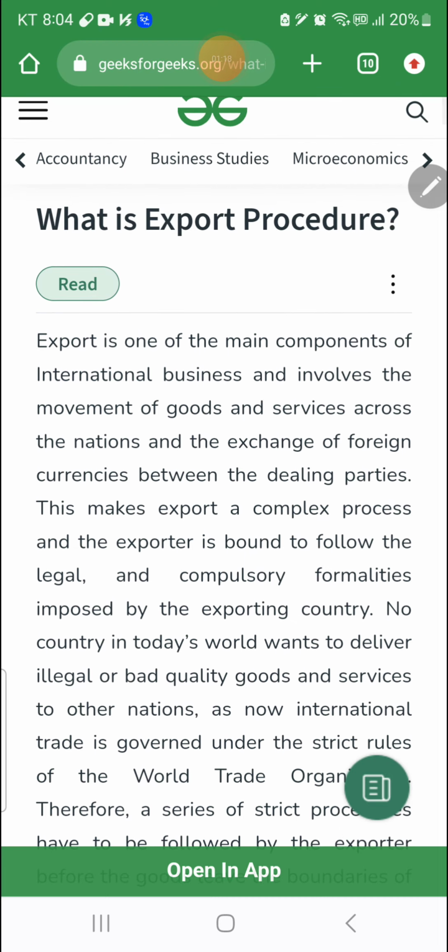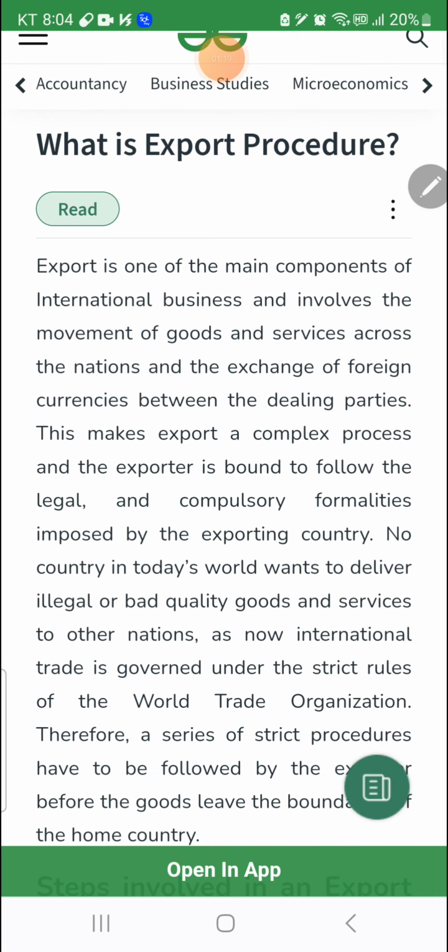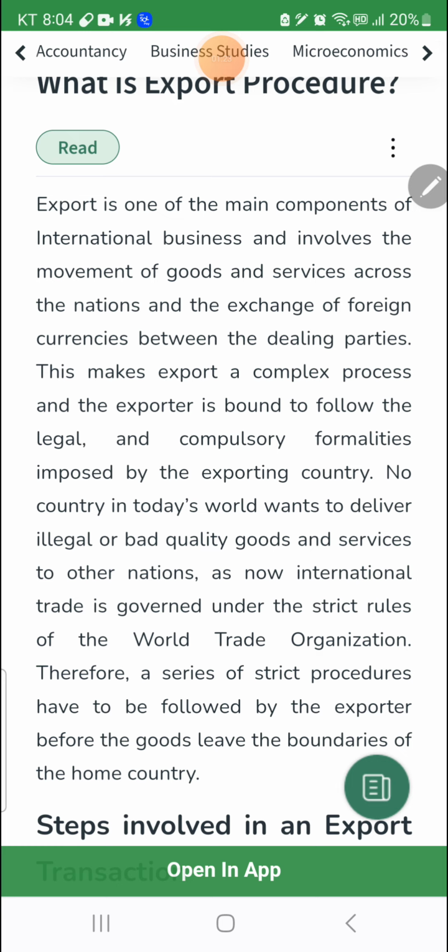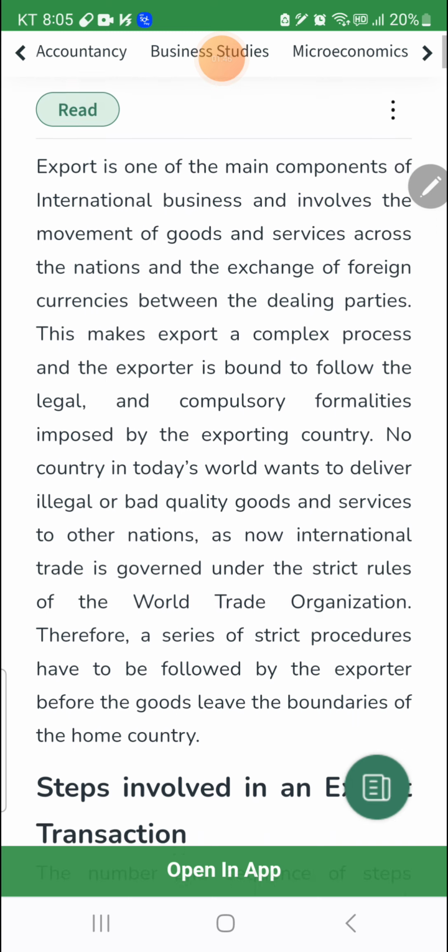What is export procedure? Export is one of the main components of international business and involves the movement of goods and services across the nations and the exchange of foreign currencies between the dealing parties. This makes export a complex process, and the exporter is bound to follow the legal and compulsory formalities imposed by the exporting country.